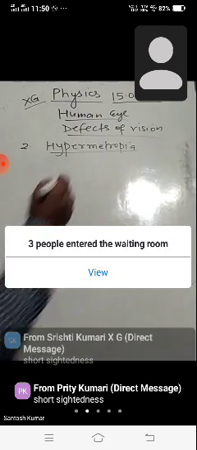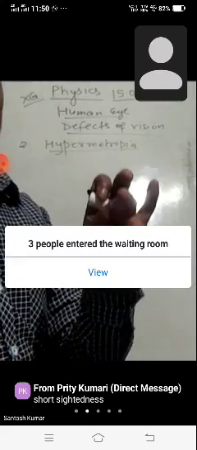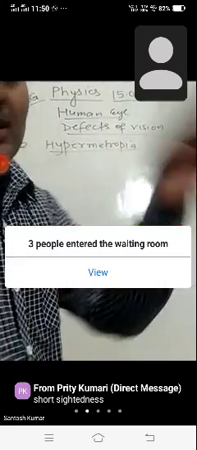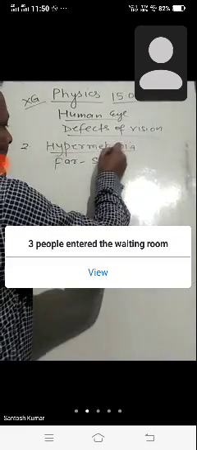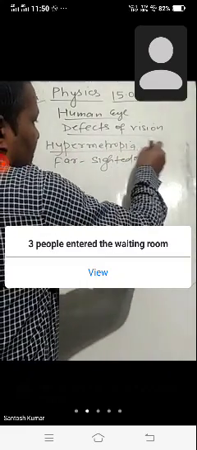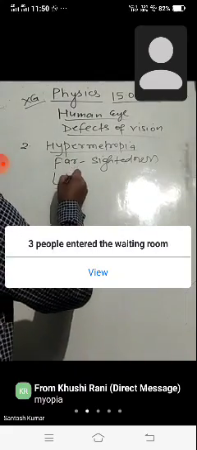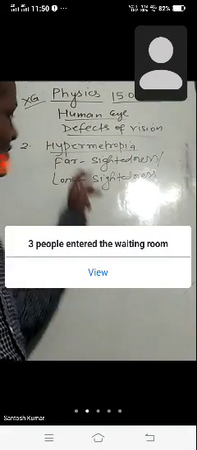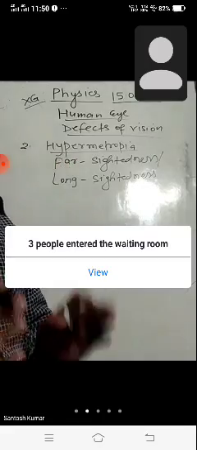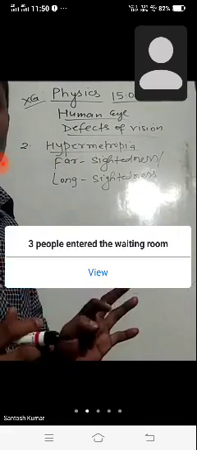So nearsightedness, short-sightedness, myopia, and just opposite, near becomes far, so it will be far-sightedness, and short becomes long, long-sightedness. These are some other names of hypermetropia. Opposite words will also be used, so accordingly you have to proceed.